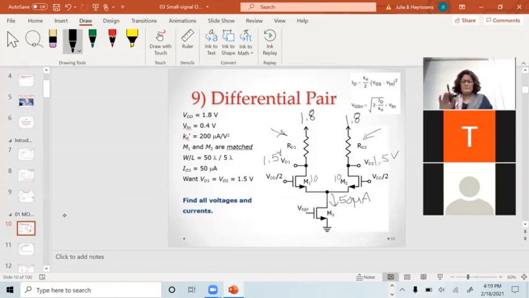We know ID for this transistor. Vref, since the source is grounded, will equal VGS. We could easily find VGS3. I don't think I actually calculated that because I was looking for the differential part of this.